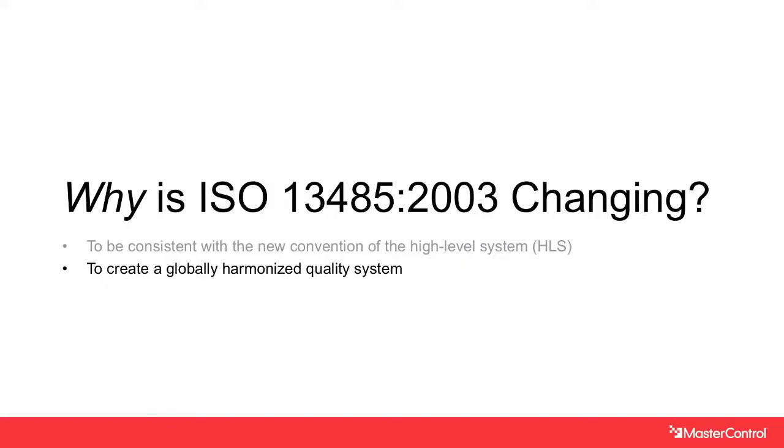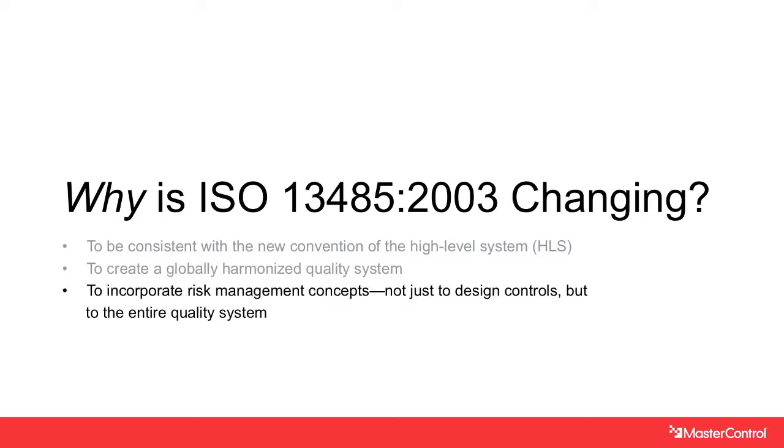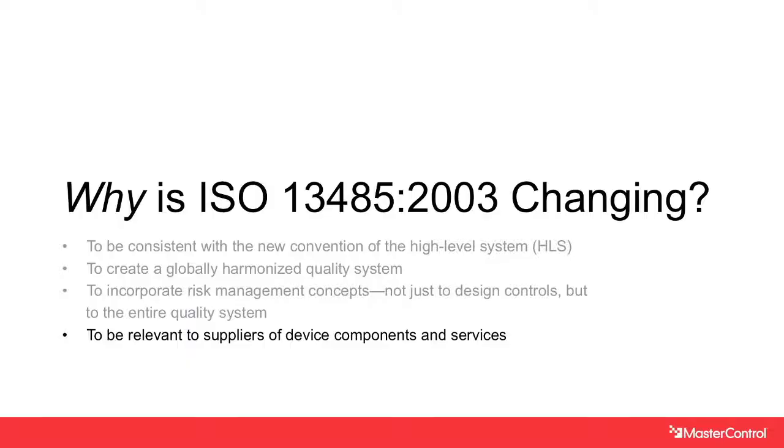So what we're trying to deal with here is how to create a globally harmonized quality system. That is the cause and effect relationship we're trying to understand as we look at how to incorporate concepts like risk management, not just in the design control sense, but also in the entirety of the quality system. So it's important to have relevance as it relates to suppliers of the device or components of the device within the manufacturer's assembly of the product, and the relationship now referred to as external providers.